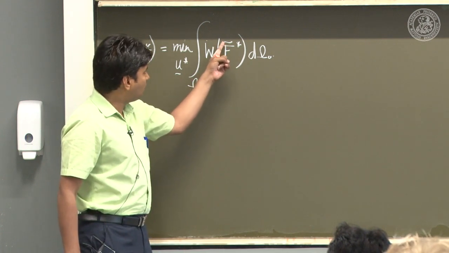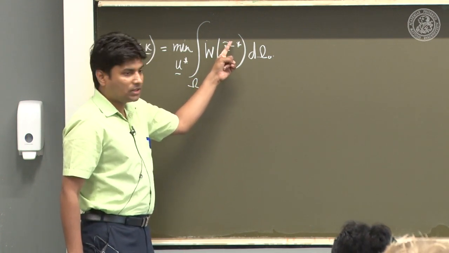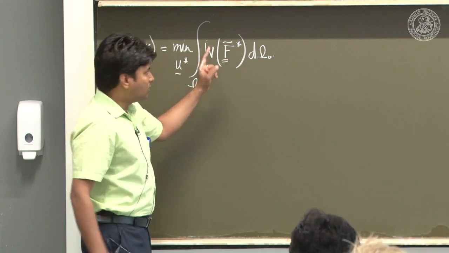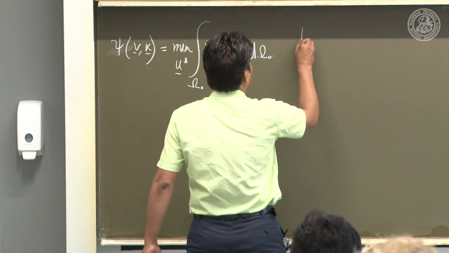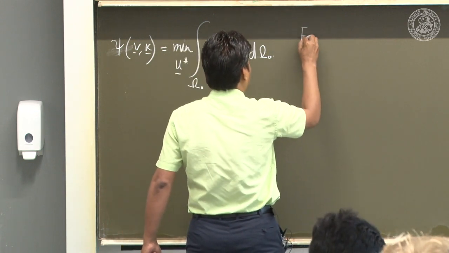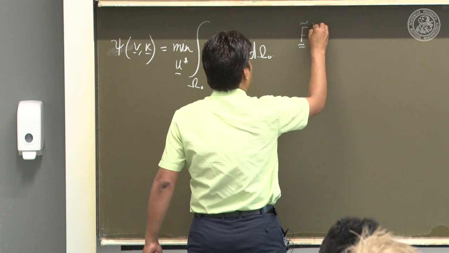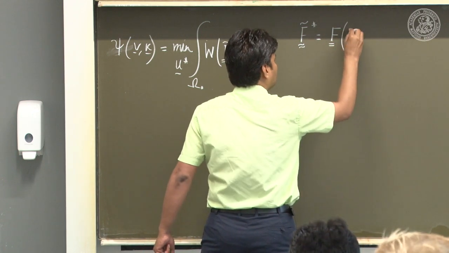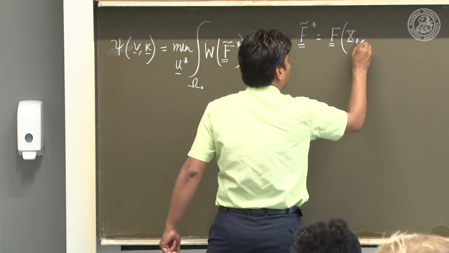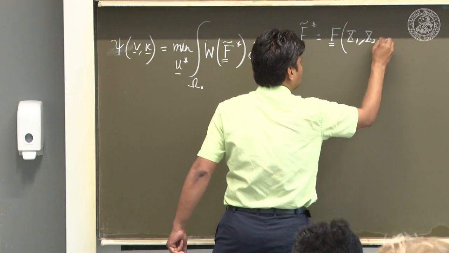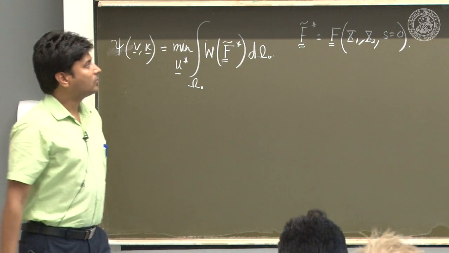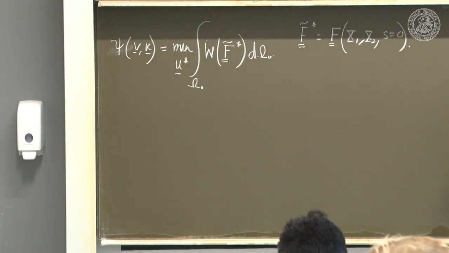And here you have your f tilde, and just as a side remark, f tilde star is also the full f, but for s equal to 0, because when you plug in s equal to 0, this rotation will vanish.